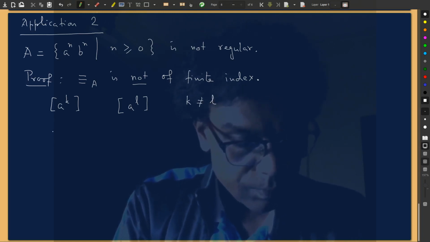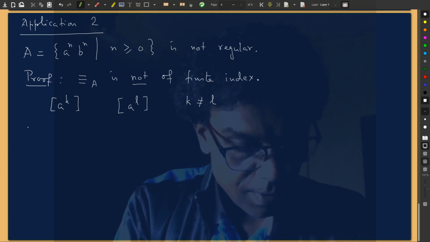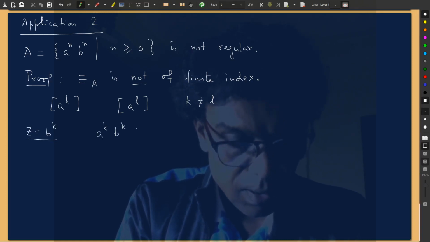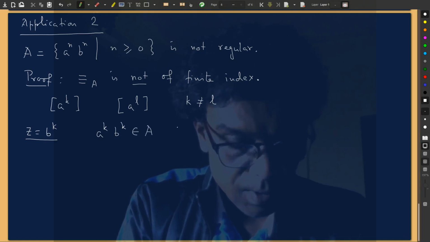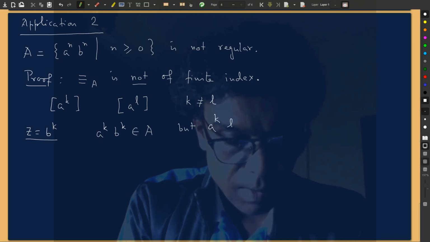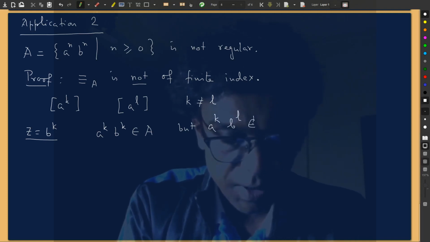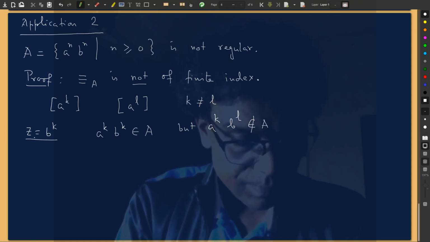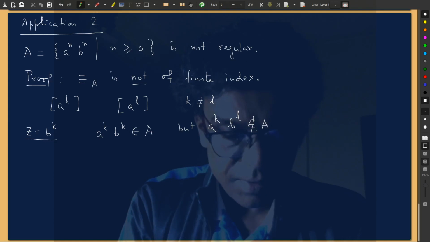Now, if I consider z equal to b power k, then you see that a power k, b power k is in A, but a power k, b power l is not in A. This implies that there exists at least one string such that this is in A, but this is not in A.